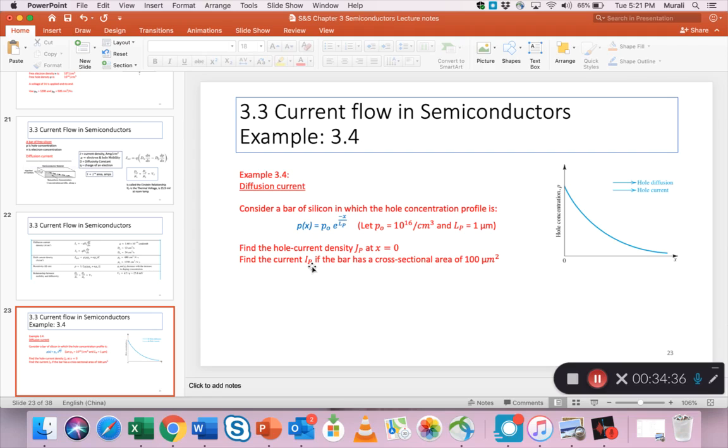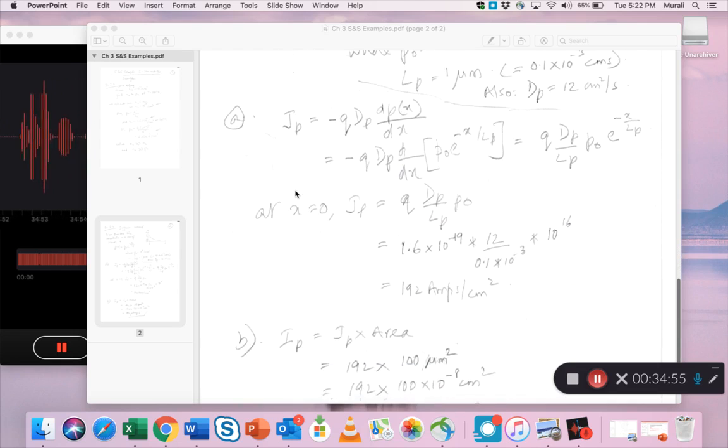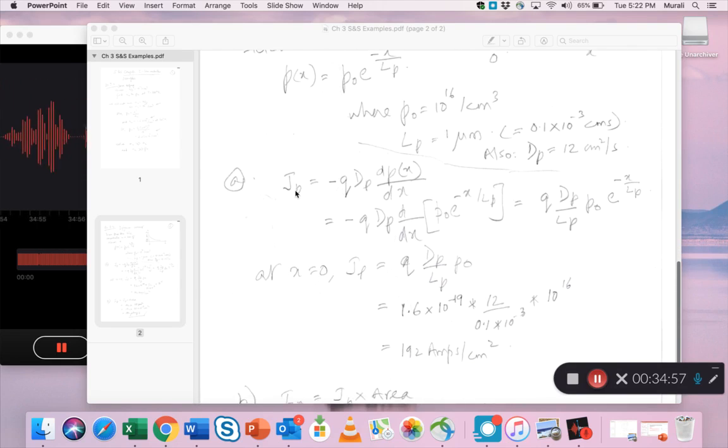Then find the current Ip if the bar has a cross-sectional area of 100 micrometer square. The cross-section is given, you know the density, and if you multiply the two you should get current in amps. Okay, so going back to seeing how the problem has been solved.